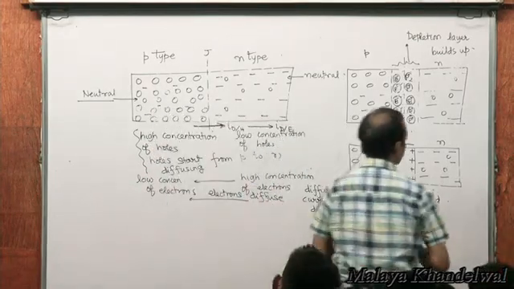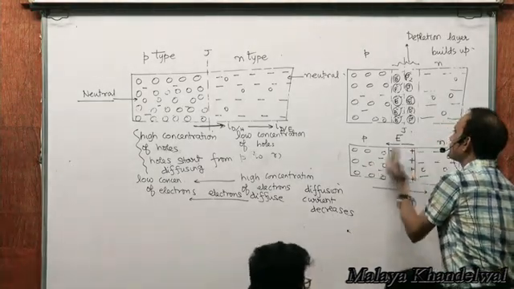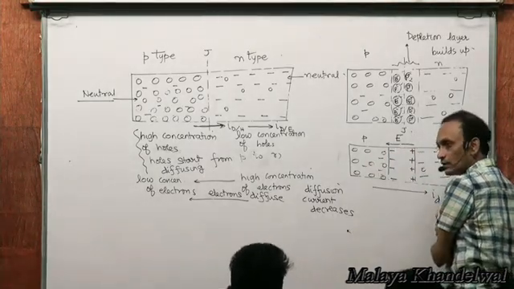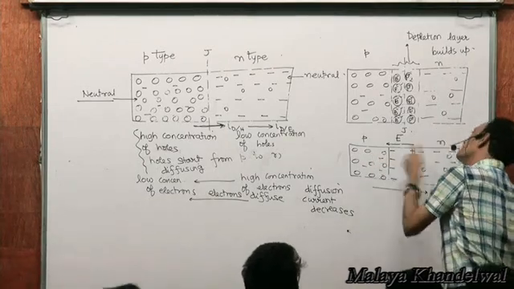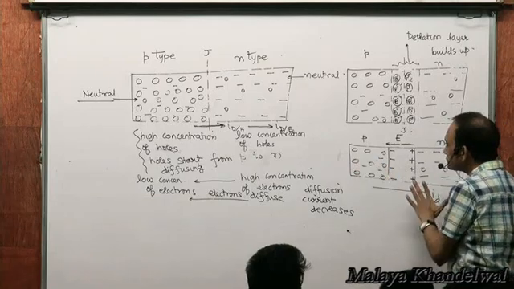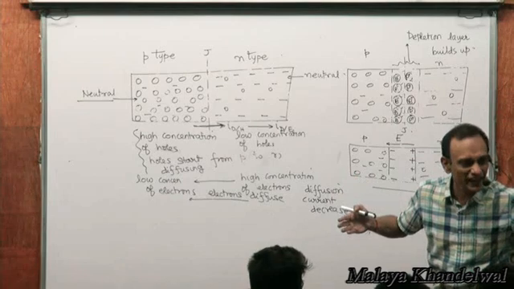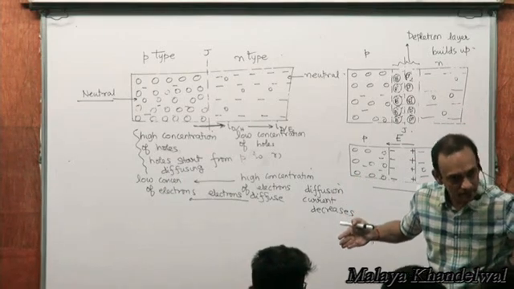Realize that nevertheless, as more and more diffusion happens, although at a decreasing rate, there will still be diffusion from right to left and left to right. The depletion layer will grow in stature, right?